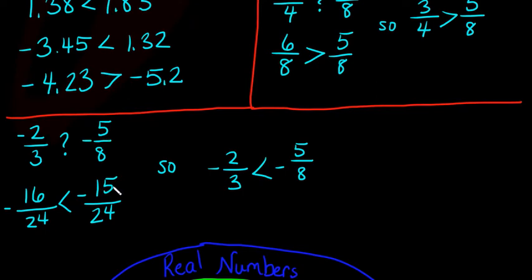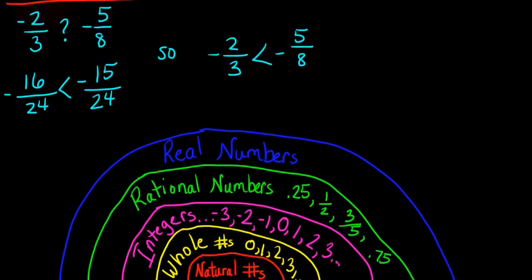So 5 times 3 is 15, so we have -15 over 24. So here's our equivalent fraction. And I know that -16 is a little further to the left on the number line than -15 is. So it is less than. So in essence, this is my fraction I started with up here. I can write that -2/3 is less than -5/8. And we'll be working on some of those.